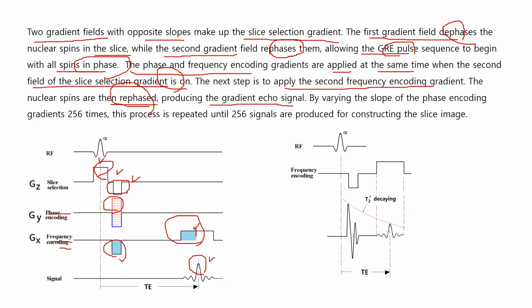By varying the slope of the phase encoding gradient 256 times, this process is repeated until 256 signals are produced for constructing the slice image.